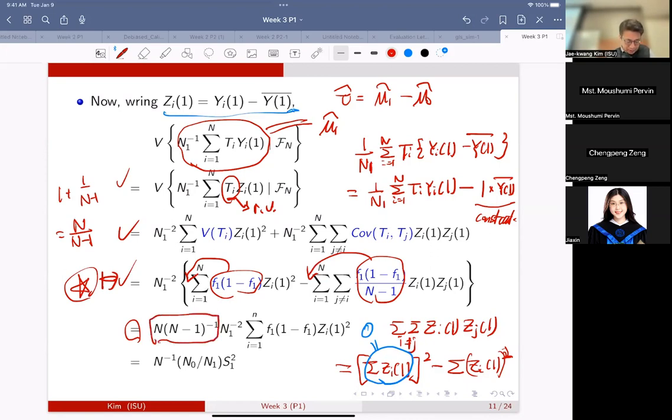Which is this one. And then simplify, right? So then this guy is n1 over n, n0 over n.